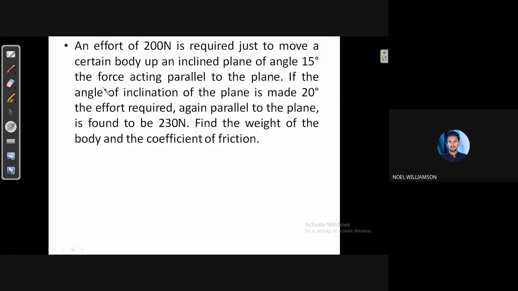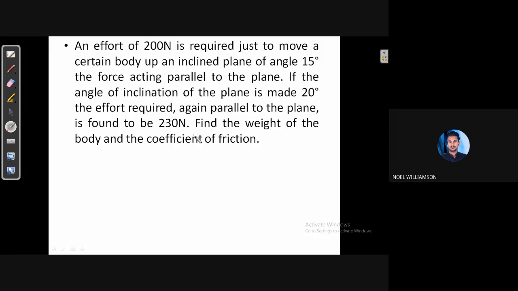Next, if the angle of inclination of the plane is made 20 degree. So in the other case, the angle of inclination given is 20 degree. In that case, in order to make the body in equilibrium, we have to apply 230 Newton. So you are given two cases. In the first case, the angle of inclination is 15 degree, then the required force is 200 Newton.